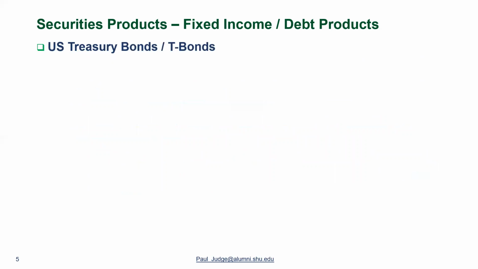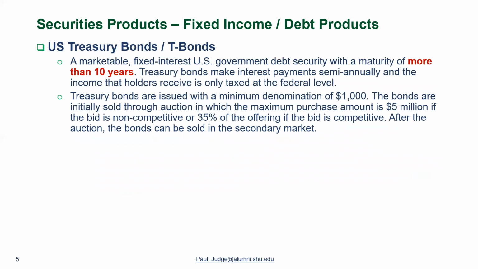Now, the other product are T-bonds, Treasury bonds, U.S. Treasury bonds, or T-bonds. And this is a marketable fixed interest rate U.S. government debt security that matures over 10 years, more than 10 years. So you can hear 20-year, 30-year bonds. Treasury bonds make interest payments semi-annually, and the income that the holders receive is only taxed at the federal level, right?